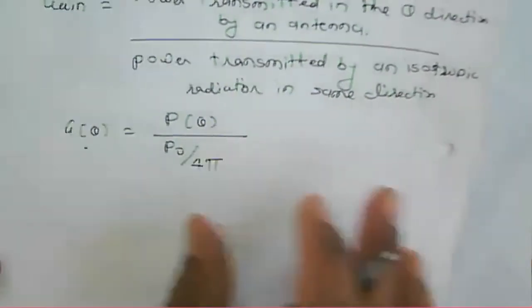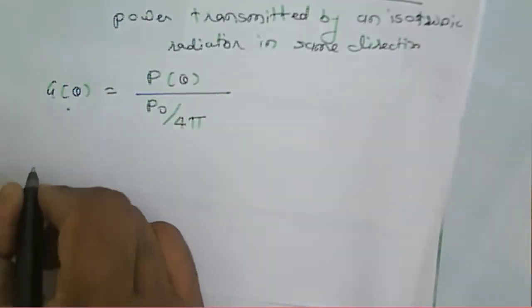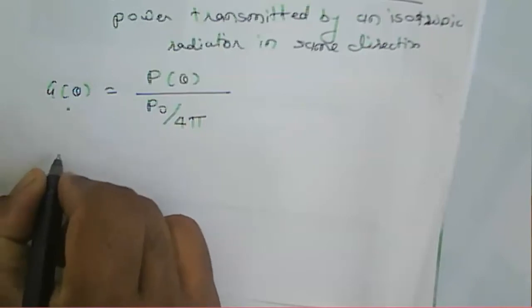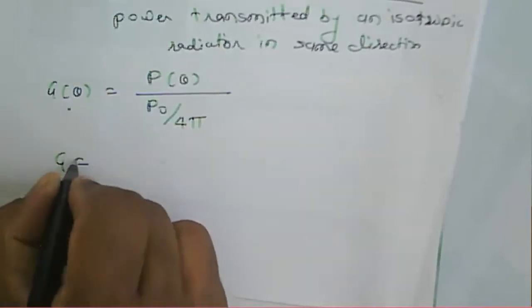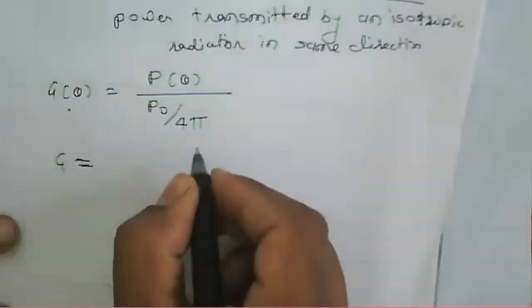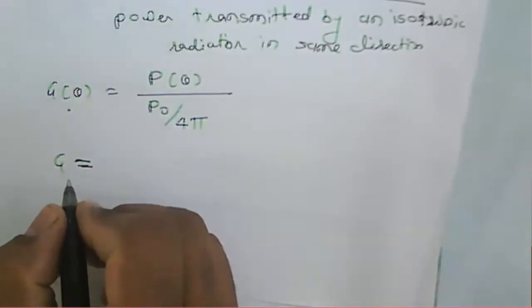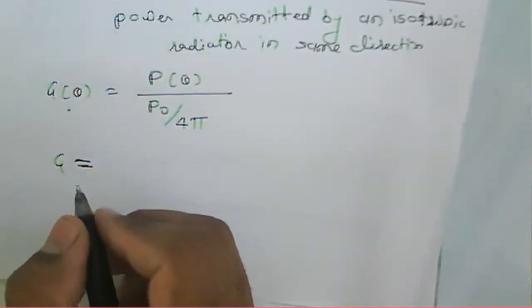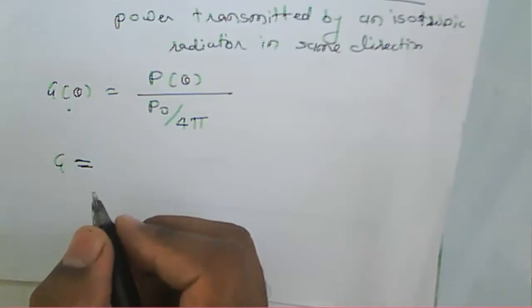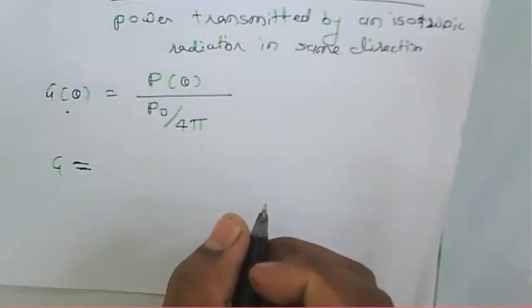So if we consider the antenna here, the gain of an antenna can be calculated with respect to the aperture size and all. So we can calculate the gain of an antenna with respect to the aperture area of an antenna.